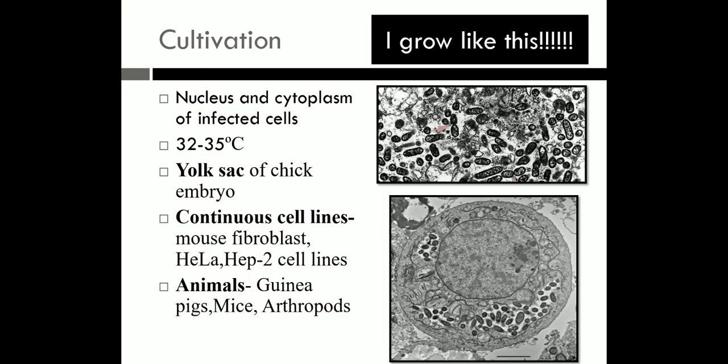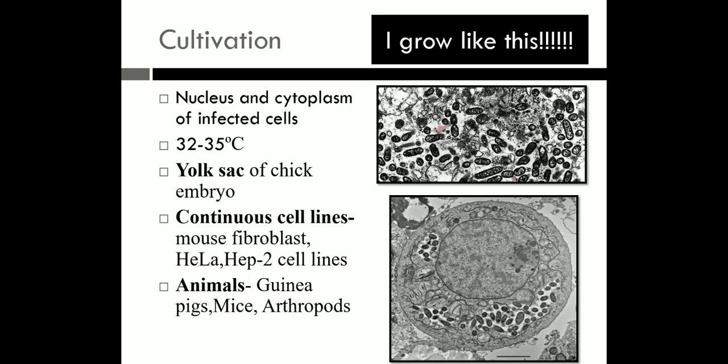The ambient temperature of 32 to 35 degrees Celsius is generally suited for the growth, and they can be grown in the yolk sac of chick embryo and also in the continuous cell lines, that is the mouse fibroblast cell line, the HeLa cell line and the Hep2 cell line.